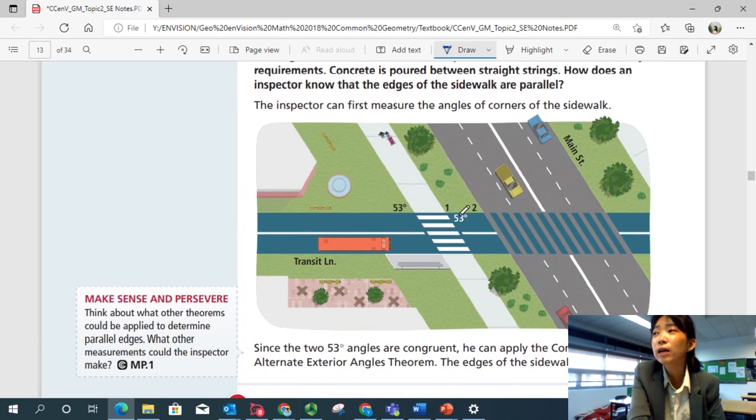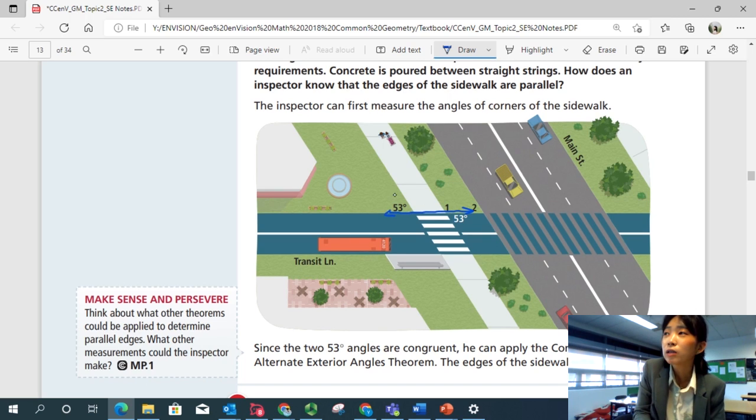Since the two 53 angles are congruent, you can apply converse of the alternate exterior angles theorem by saying, oh, this is a transversal that goes through these two lines. And those two angles could be alternate exterior angles. And they're congruent. So that means these two lines that the transversal goes through have to be parallel. So the edges of the sidewalk are parallel. Okay?